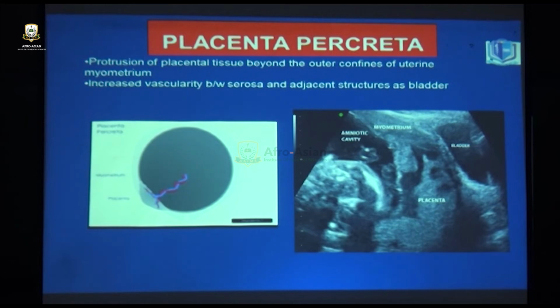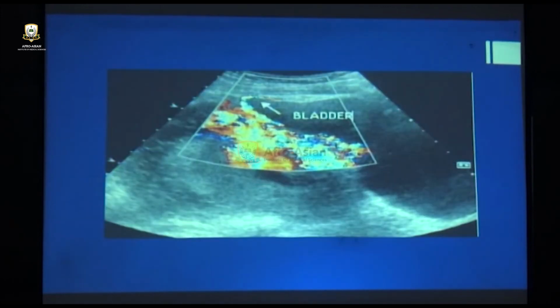So we can see number 1, previa. Number 2, loss of retroplacental space. Number 3, lacunae. So these 3 signs we can see even on a grayscale image. So when we turn on the Doppler, what happens? This happens. Immense hypervascularity.